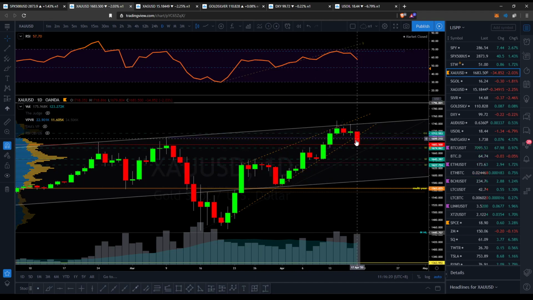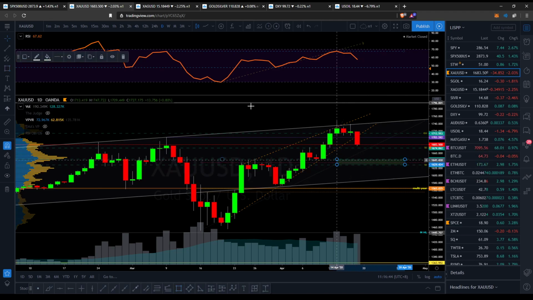I think because we closed at the low of the day, you know, it's a higher than average volume. We're likely to keep going down, and what I want for gold to do is actually to go down into this area here, which is the resistance support area here, and that's where I will be buying, because my plan is looking back historically.